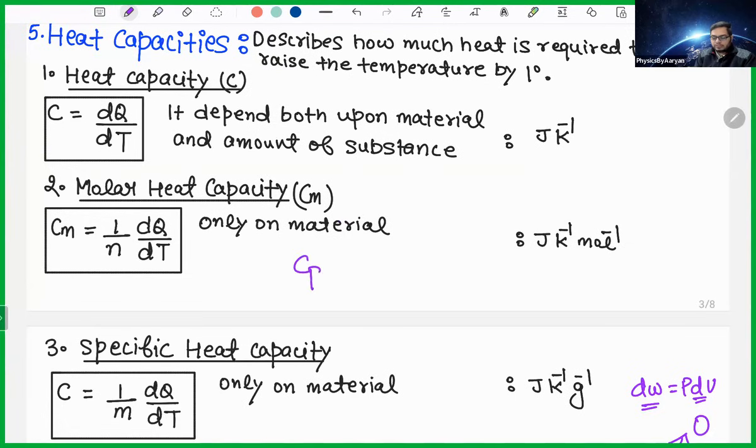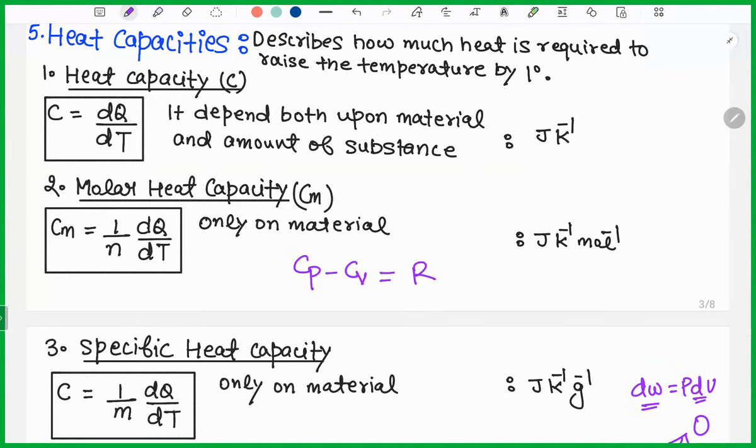For example, have you heard this formula? Cp minus Cv equals R. Mayer's relation. In this, what are Cp and Cv? Which heat capacity is it: heat capacity, molar heat capacity, or specific heat capacity?